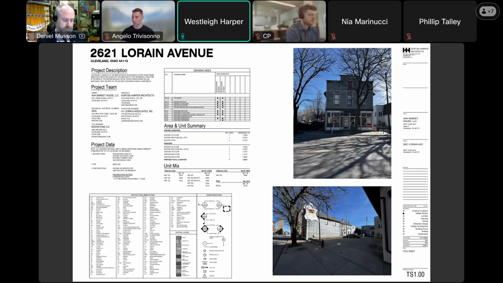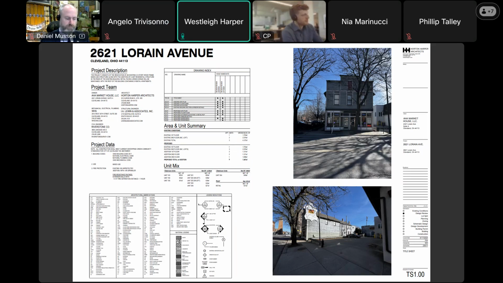We are looking to essentially rehab this structure in its entirety, from the exterior cladding and then the full interior gut as well. To this point, we have been trying to get state historic tax credits.